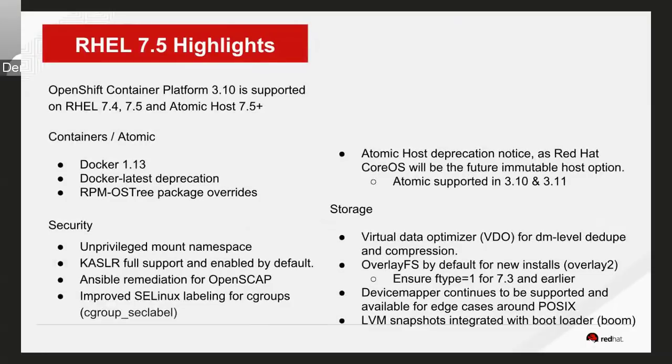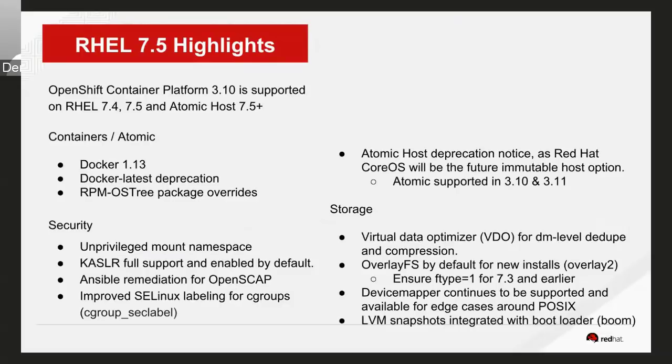Finally, OpenShift runs on Rails, so we wanted to call out a couple of the key highlights for Rails 7.5, as well as make everyone aware of particular issues I'll call out. On this particular slide, what I'm interested in calling out is ensuring that everyone understands that overlay.fs is now the default storage driver for container runtimes, which means it's now the default storage driver for OpenShift installs as well.